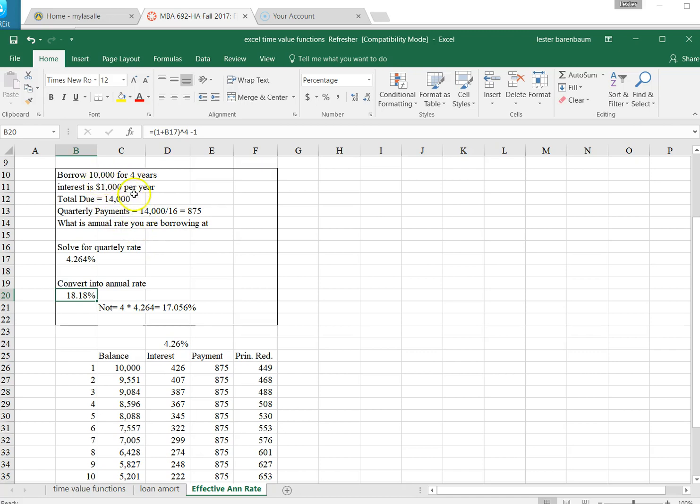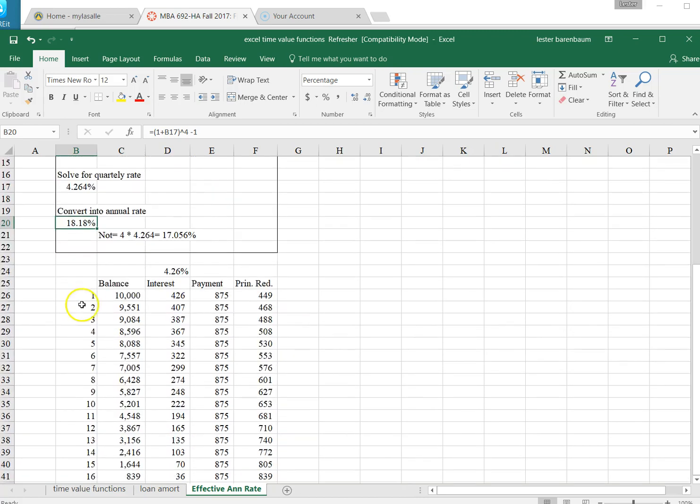This is again why we have truth in lending. For many years, consumers were sold loans being told they were being charged 10% per annum when they're really being charged 18% per annum.